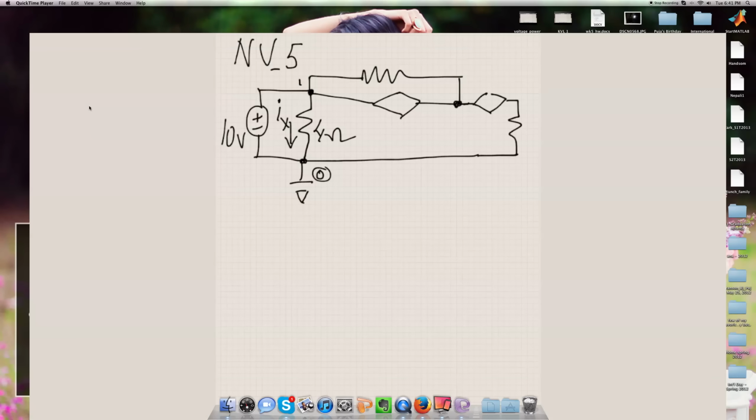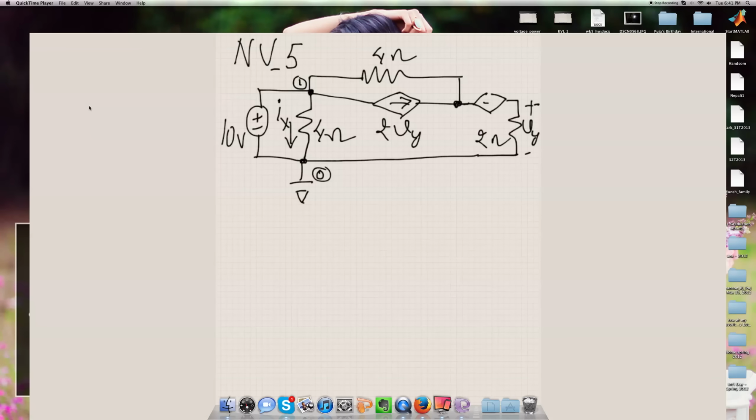Here is our node number 1. Up here we have 4 ohm. This is a diamond containing an arrow, 2 times V sub y. What is V sub y? V sub y is the voltage across this resistor, whose resistance is 2 ohm.